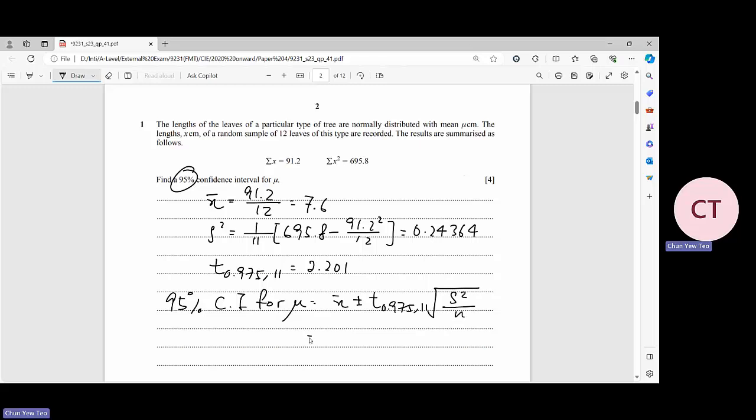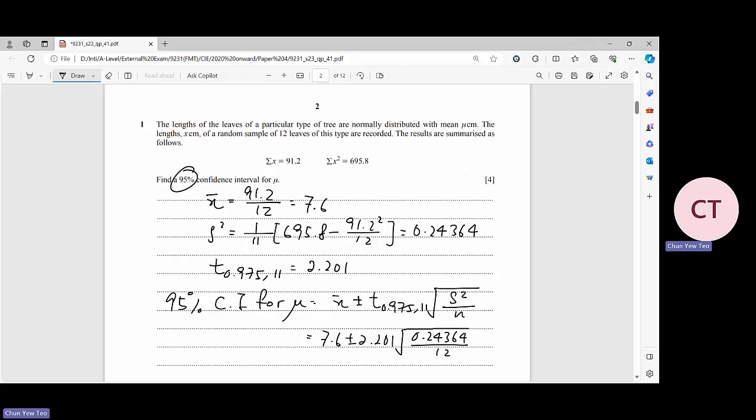So this is the formula. You just need to put in 7.6 plus minus 2.201 times the square root of 0.24364 divided by 12. Just like that.